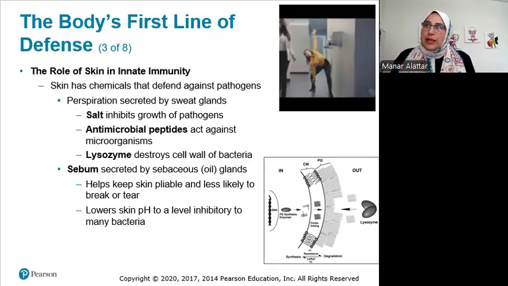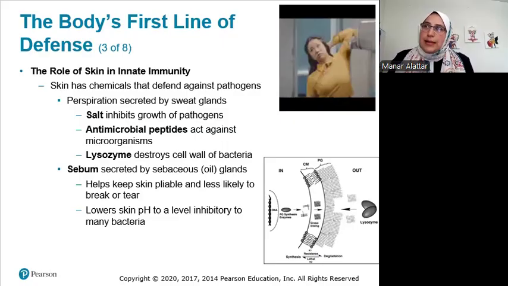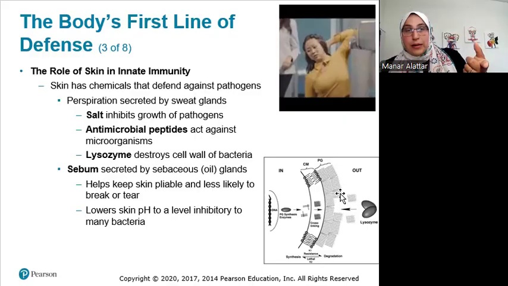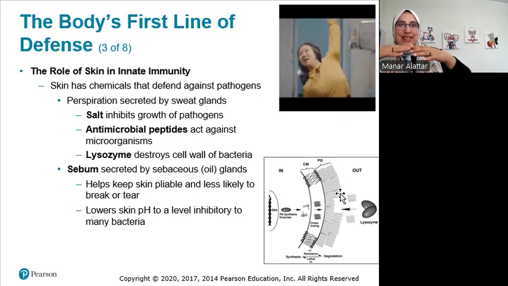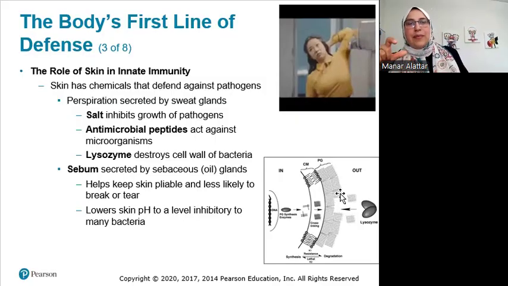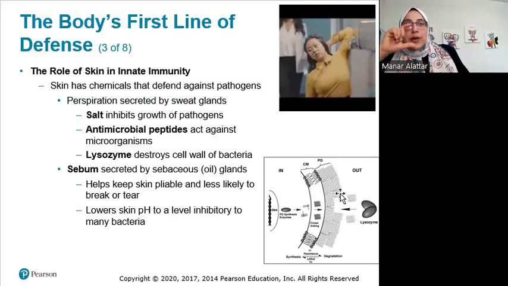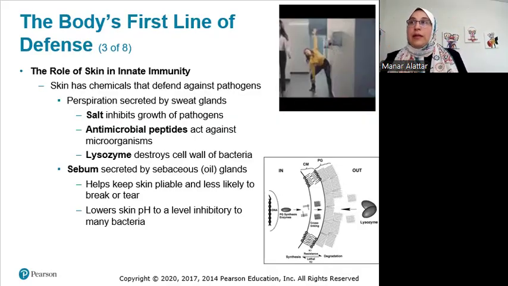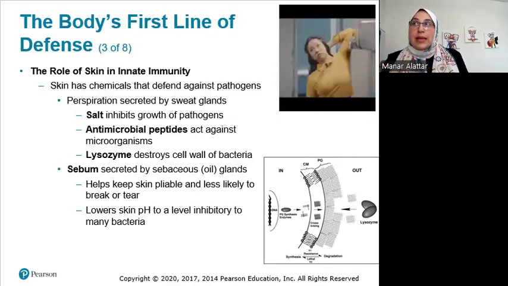And lysozymes, sorry, are these enzymes that specifically take out peptidoglycan. Okay, so many bacteria, particularly our gram-positives, but even our gram-negatives will have peptidoglycan. That peptidoglycan will literally just be broken down, like specifically gram-positive organisms by these lysozymes.